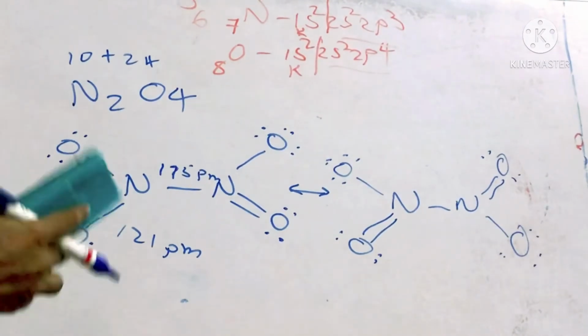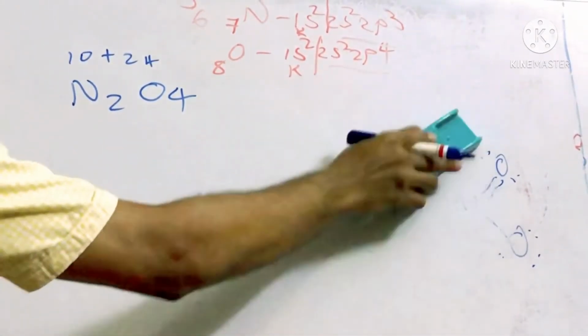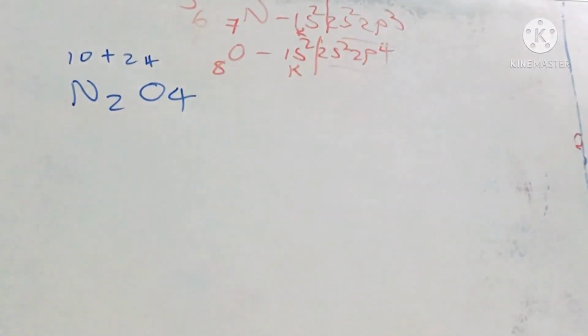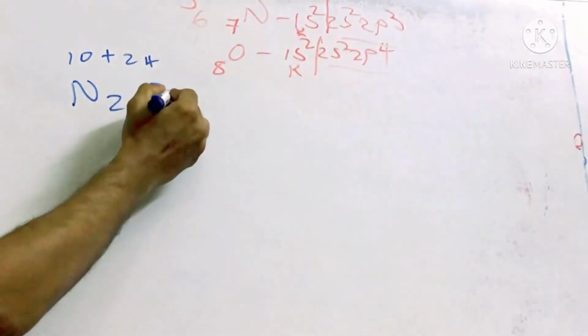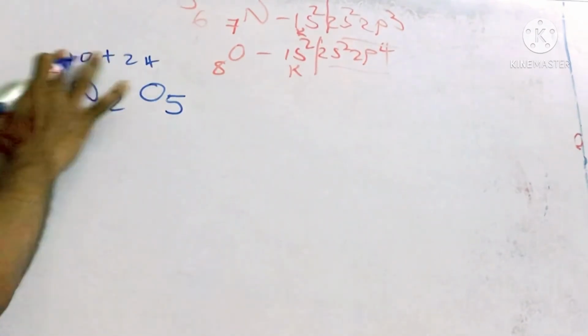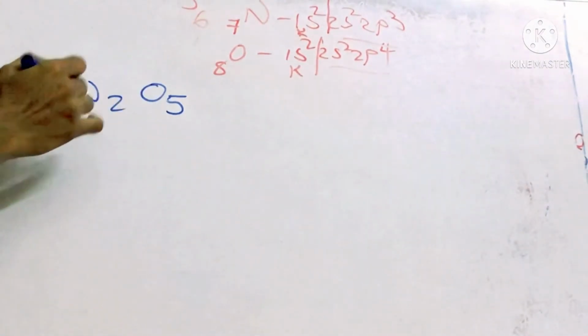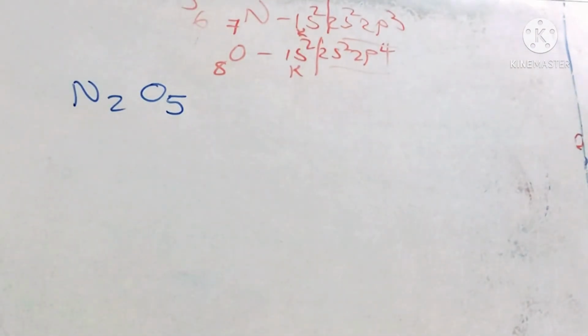So the last one we will try to see is N2O5. N2O4 we have seen, and now we will see the last one, N2O5. So this is 30 plus 10, 40 will be the total. The next we will see is N2O5, dinitrogen pentoxide.